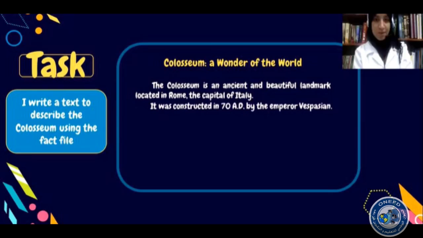Here's the sentence. It was constructed in 70 AD by the Emperor Vespasian.